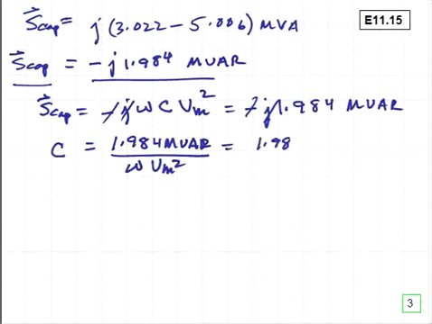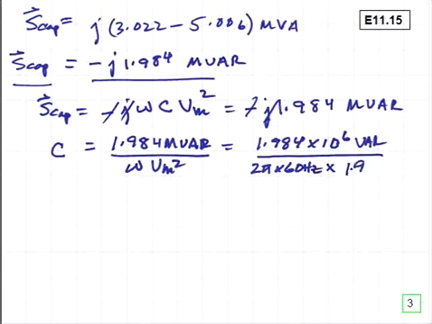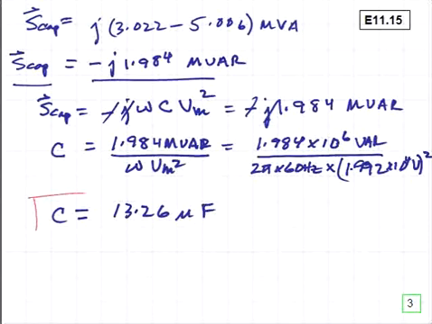It's equal to 1.984 times 10 to the 6th volt ampere reactive divided by 2 pi times 60 hertz for the radian frequency, and times 1.992 times 10 to the 4th volts squared, or the capacitive value is equal to 13.26 microfarads, which would have to be added to each phase to produce the new power factor value.